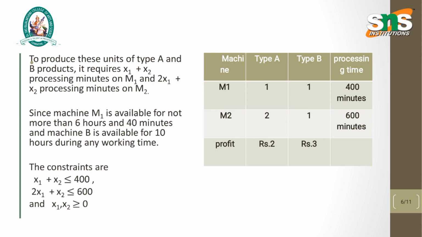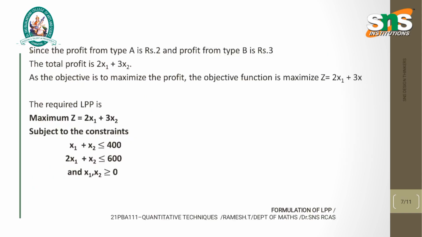Since machine 1 is available for not more than 6 hours 40 minutes, we convert everything into minutes. 6 into 60 is 360 plus 40 minutes, that is 400. Machine 2 is available 10 hours during any working day, that is 600 minutes. Therefore, the constraints are x1 plus x2 less than or equal to 400, 2x1 plus x2 less than or equal to 600, and x1, x2 greater than or equal to 0.